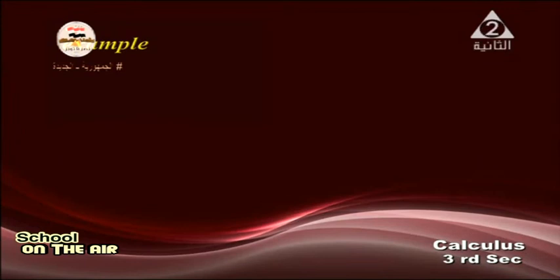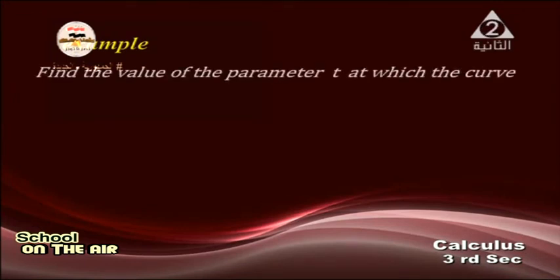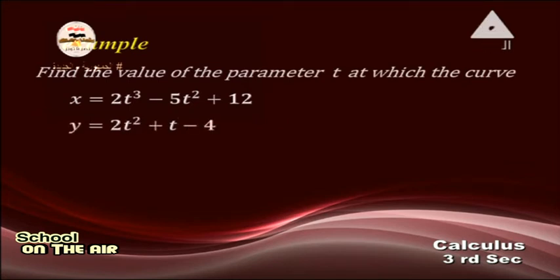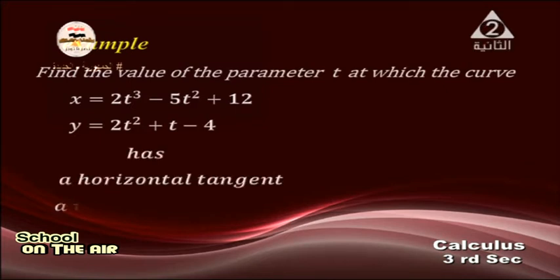Example. Find the value of the parameter t at which the curve x equals 2t^3 minus 5t^2 plus 12, y equals 2t^2 plus t minus 4 has, number 1, a horizontal tangent, number 2, a vertical tangent.